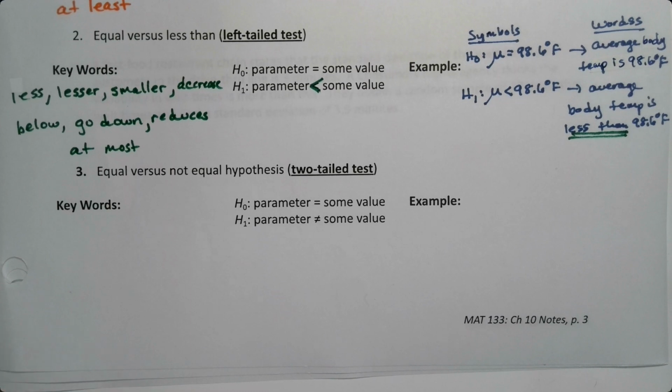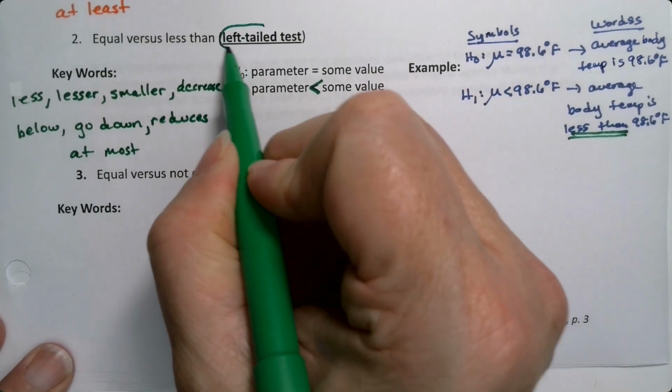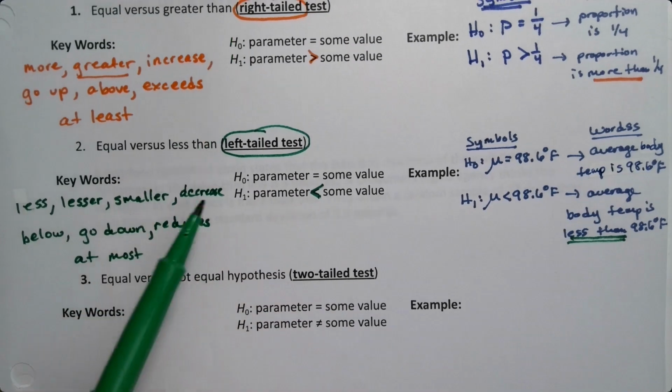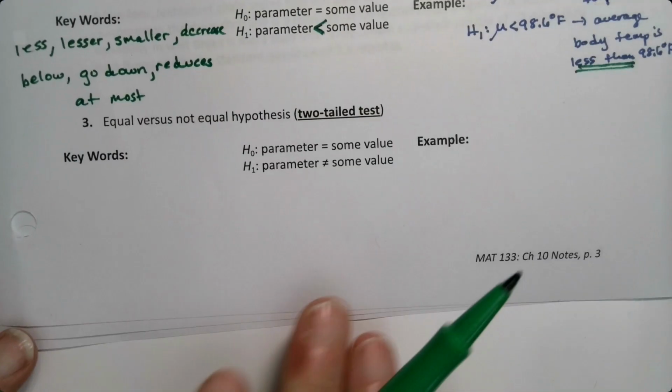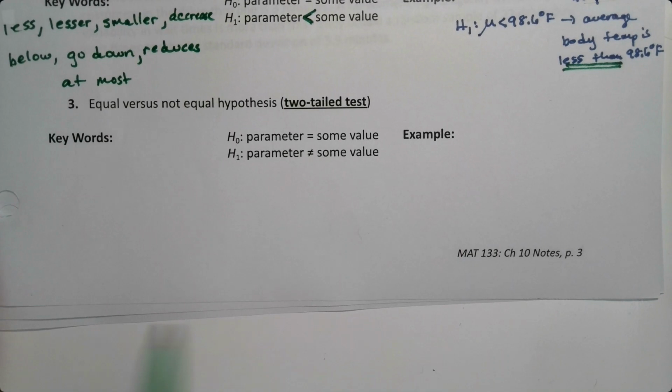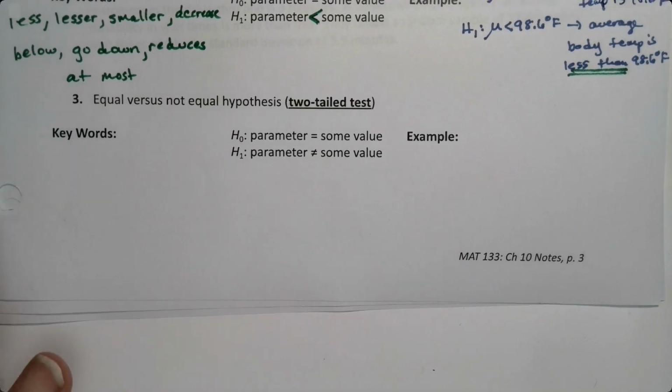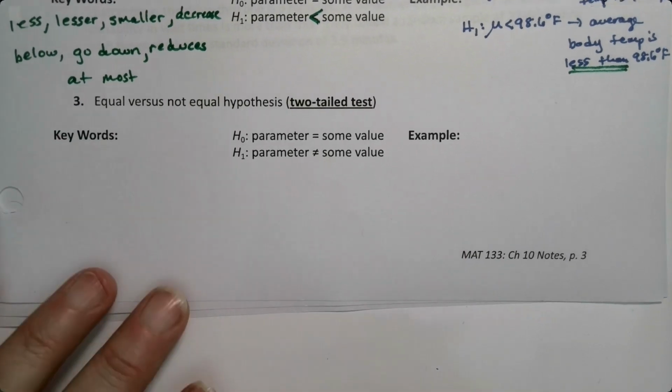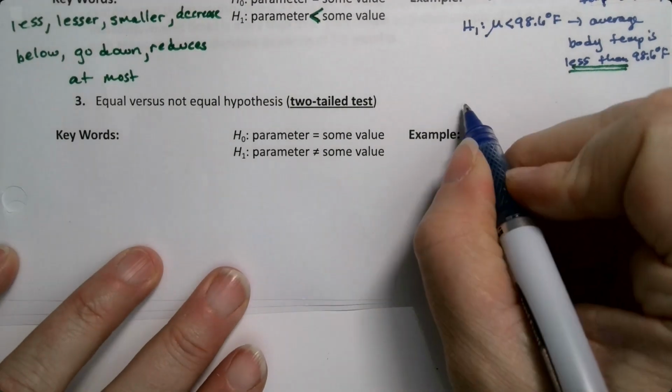All right, now what about a two-tailed test? This was a left-tailed, this was a right-tailed. Those are both one-directional tails. But what about a two-tailed? Then it could go either left or right. So for example, let me write this in symbols here.